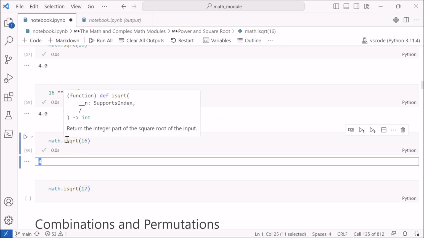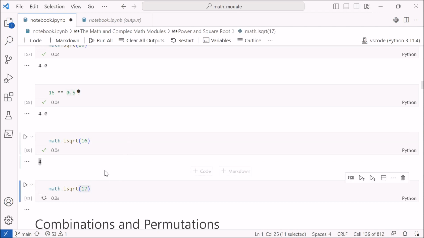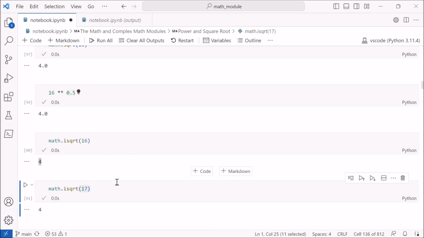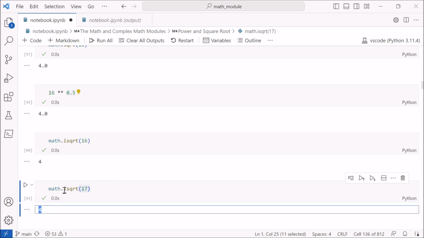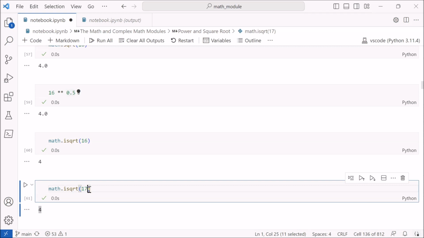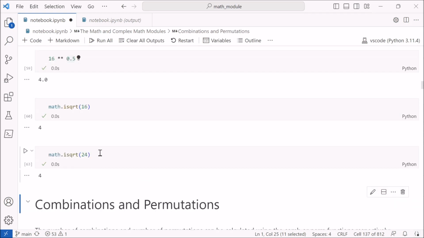When the integer square root is used on a number that's not going to give a precise integer, it's going to truncate it to the integer. So here you see the square root of 17 is 4, and that the integer square root of 24 is 4, so it doesn't get rounded up to 5.